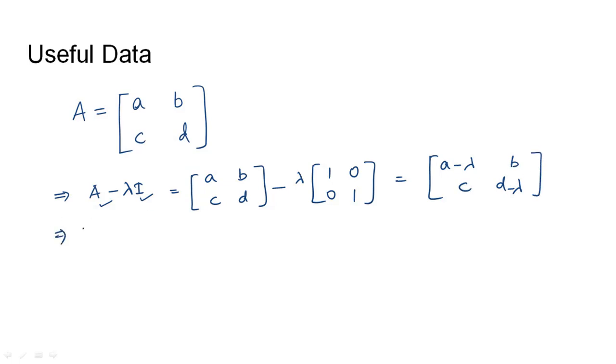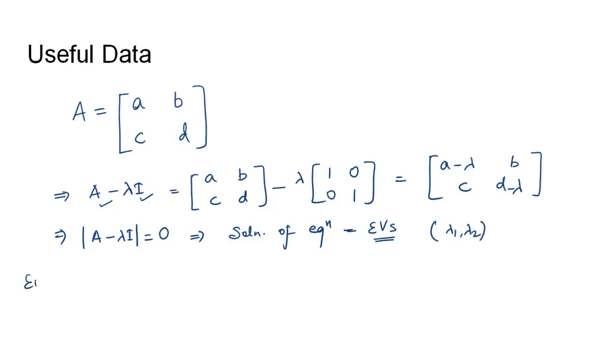Once this matrix is found, we find its determinant and make it equal to 0. The solution of this equation will be our eigenvalues. If we have two solutions, we will have two eigenvalues, lambda 1 and lambda 2.